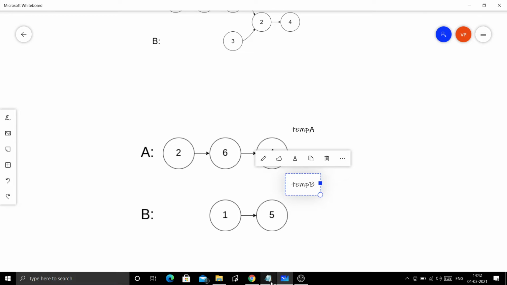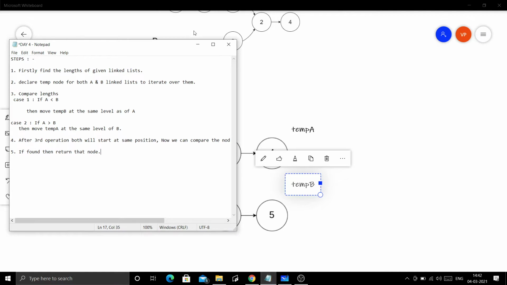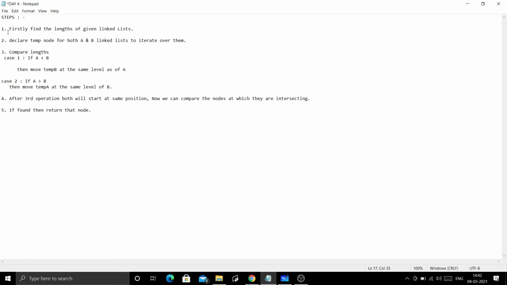Let's see the approach. How can we approach the question? Firstly, find the length of the given linked lists. We will get the length of linked list A and linked list B. The second step is to take temps to iterate over both the linked lists. Now there are two cases.